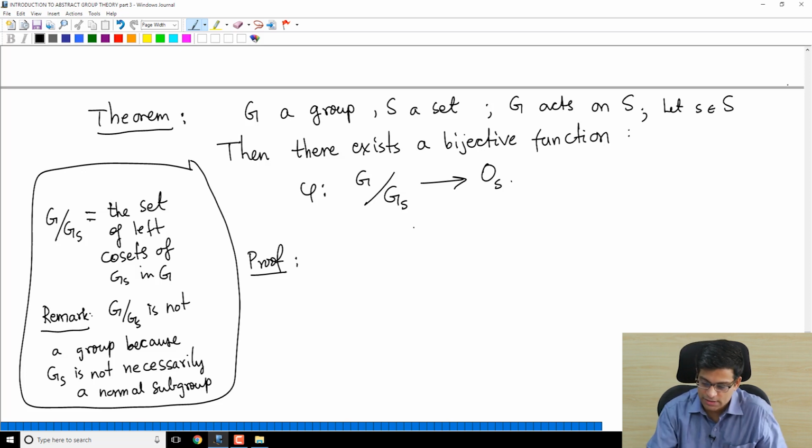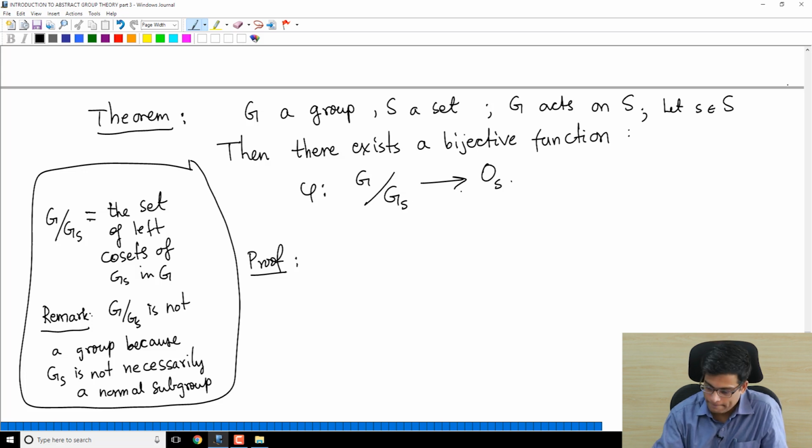So there is a bijective map from G mod G_s to O_s. And actually, we define it, so this should also be part of the theorem. Define phi. What is a left coset? It is of the form g times G_s. G mod G_s is a set of left cosets.